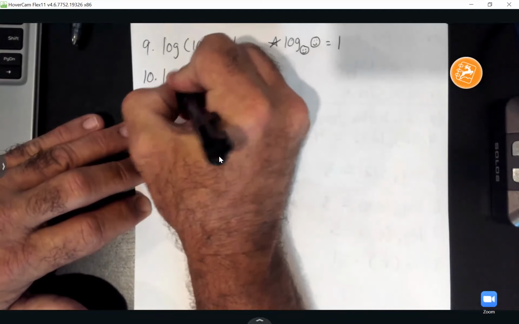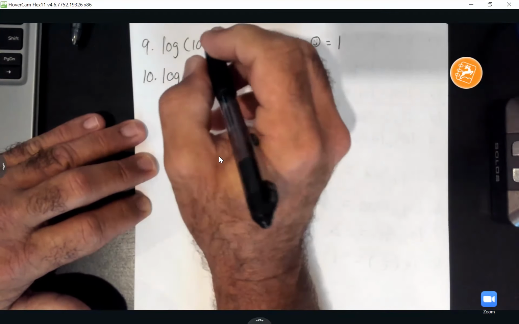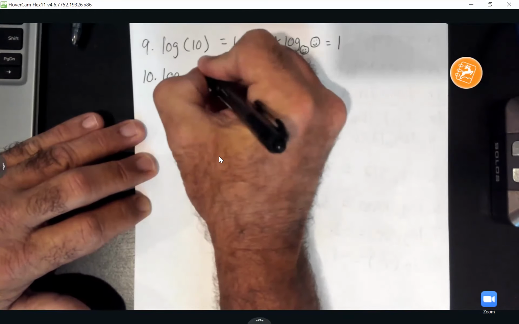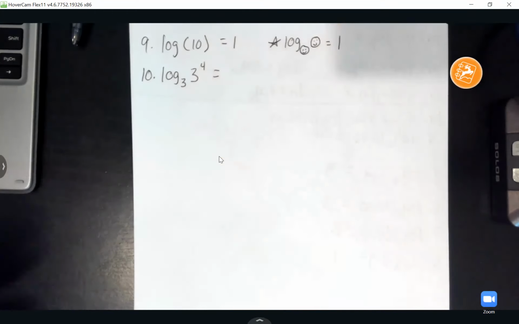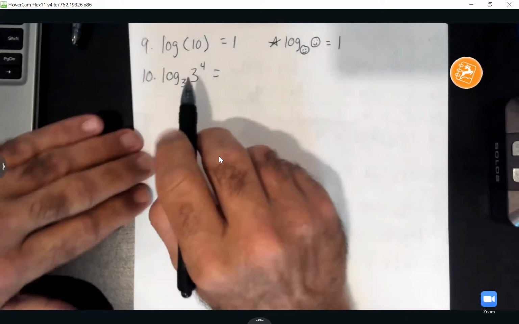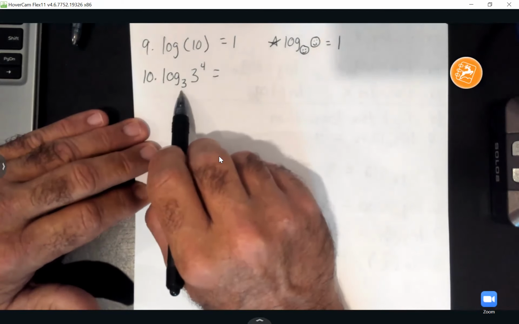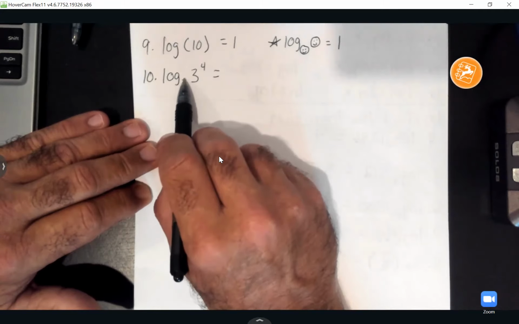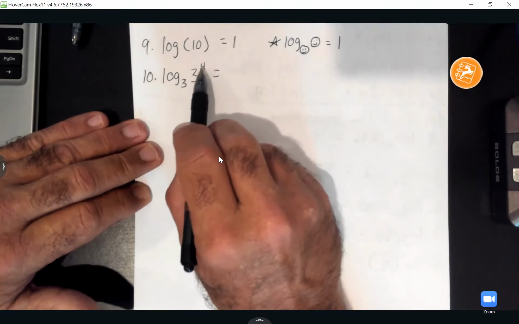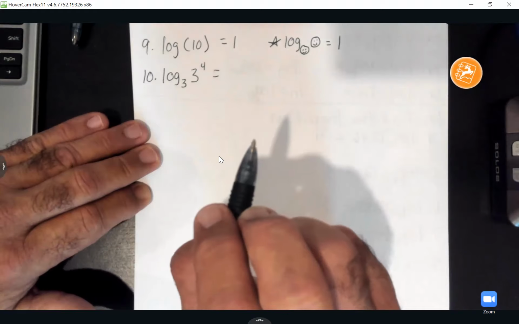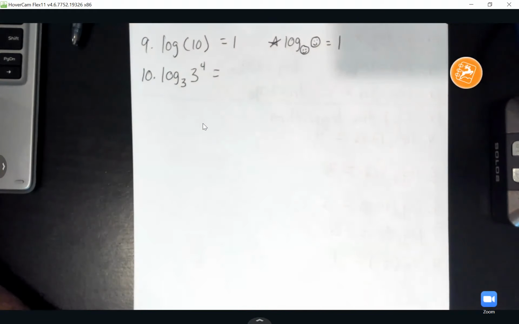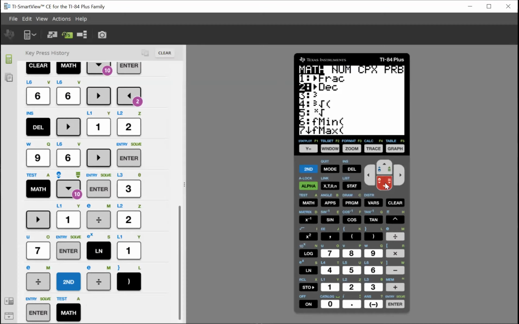How about this? Log base 3 of 3 to the 4th. So think about it. What exponent would I raise 3 to turn it into a 3 to the 4th? So y'all, let's go play with that and see. I'm going to go to my log base, arrow down to log base. I'm going to hit enter.